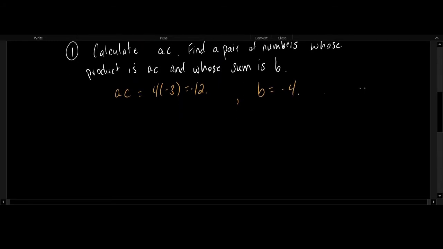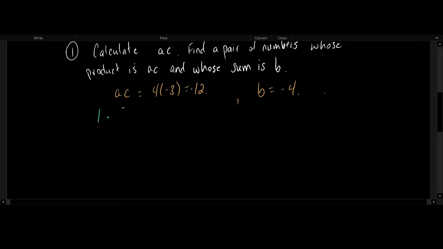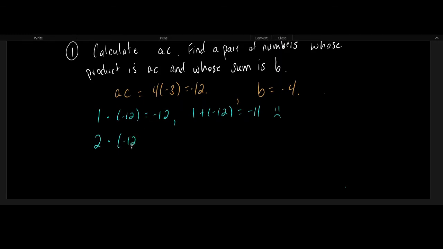So let's check a couple of possibilities. The first one, which is very easy to overlook, is 1 times negative 12. That would have the correct product, but the sum is incorrect. The sum is minus 11. Let's see, 2 also goes into 12, so let's move up to 2 times negative 6, which equals negative 12.